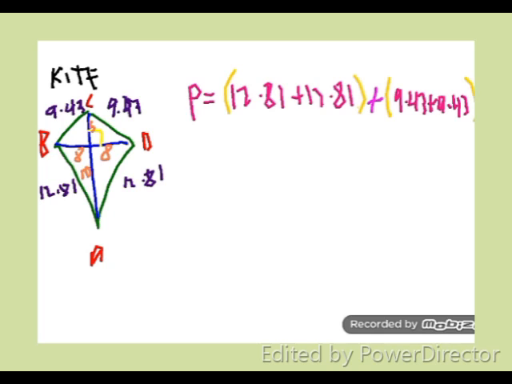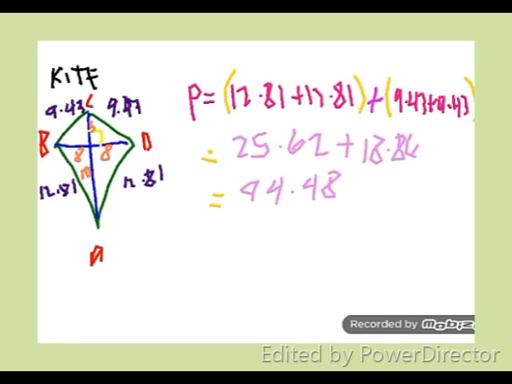Ayan, substitute na yung value. Ayan, 12.81 plus 12.81 is equal to 25.62 plus 9.3 plus 9.3 is equal to 18.86. 25.62 plus 18.86 is 44.48. Ayan na yung perimeter ng kite.